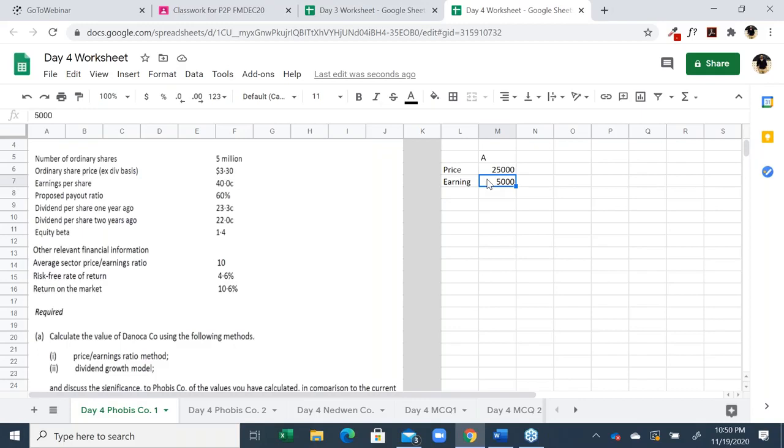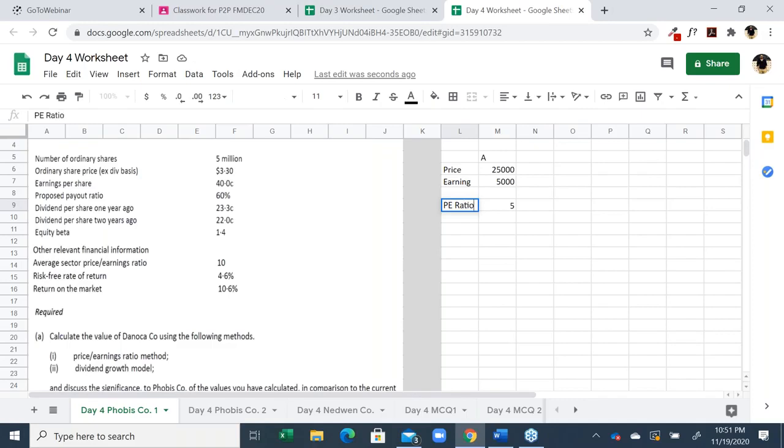So it is valuing the company as 5 times of its earning, or you can say it is valuing the company equal to 5 years of its earning. The price earning ratio of this company is 25,000 divided by 5,000. That's 5 times. This is called PE ratio.